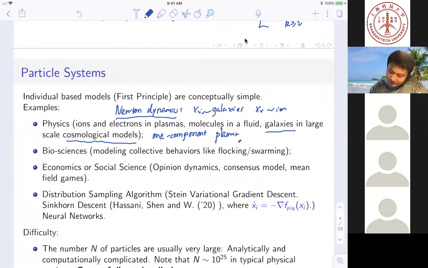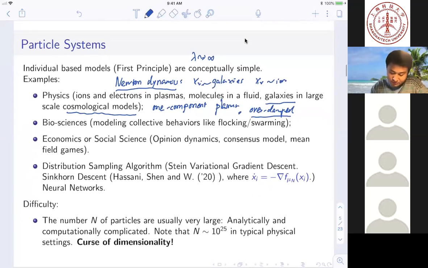Or you can think of this as overdamped: in Newton dynamics you have a parameter lambda, which indicates friction. You send this to be very large, so you can recover the first order system. It's called the overdamped system, or maybe the small mass limit. I shouldn't say too much about that.